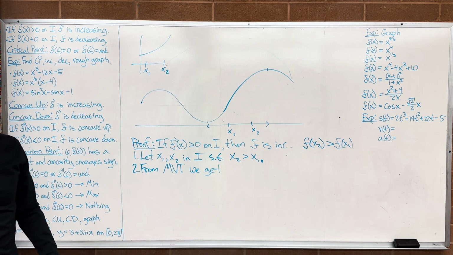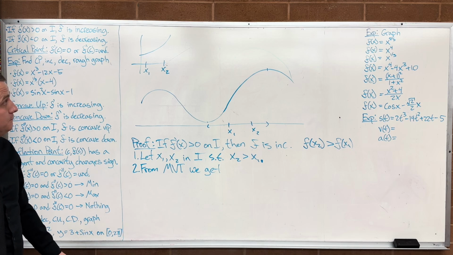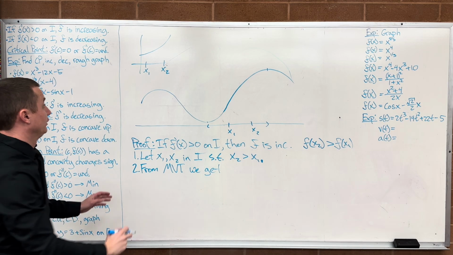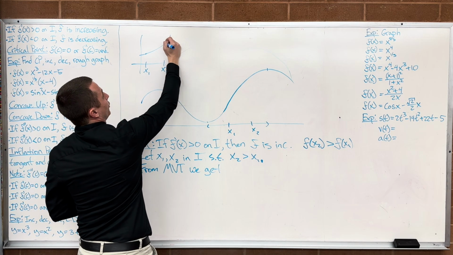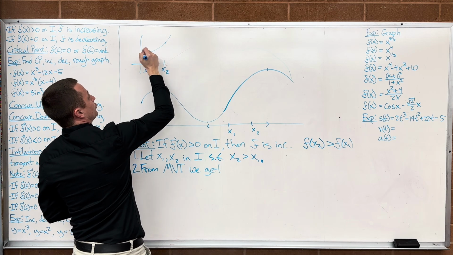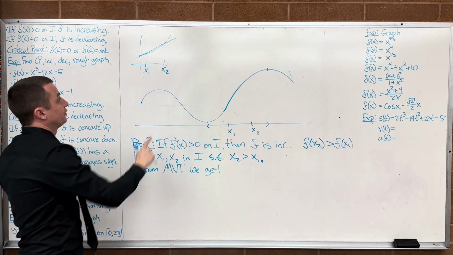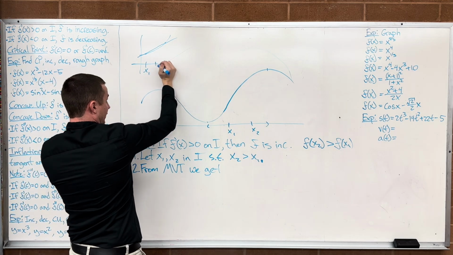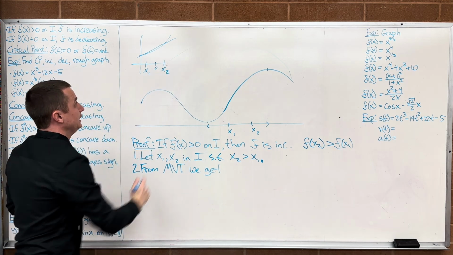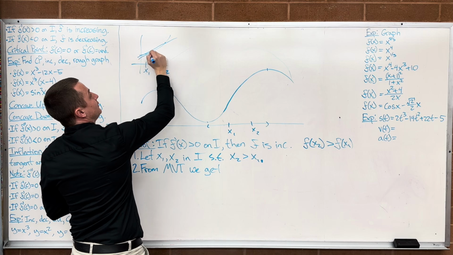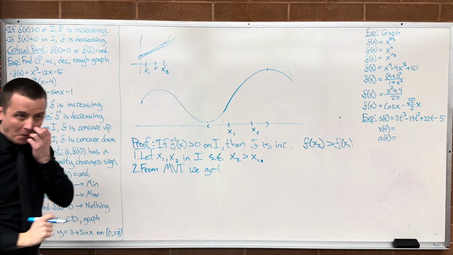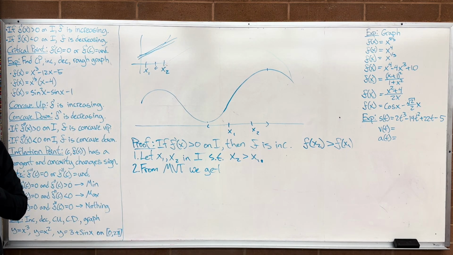Take the average slope between these 2 points. So the average slope will be like this line roughly. The mean value theorem says there has to be some point between them, call it c, such that the slope at c is exactly the same as that line. That was the mean value theorem.